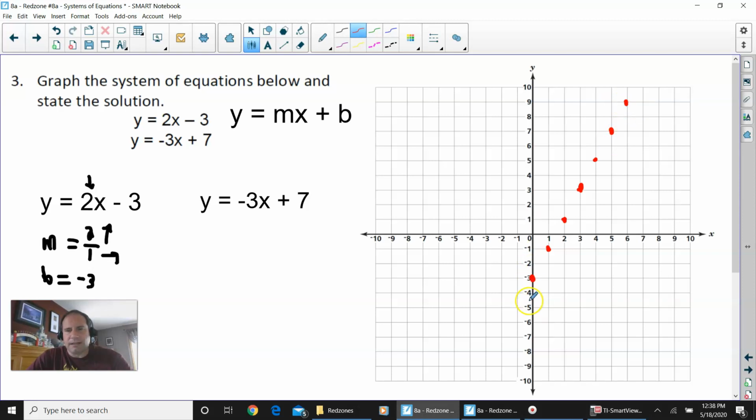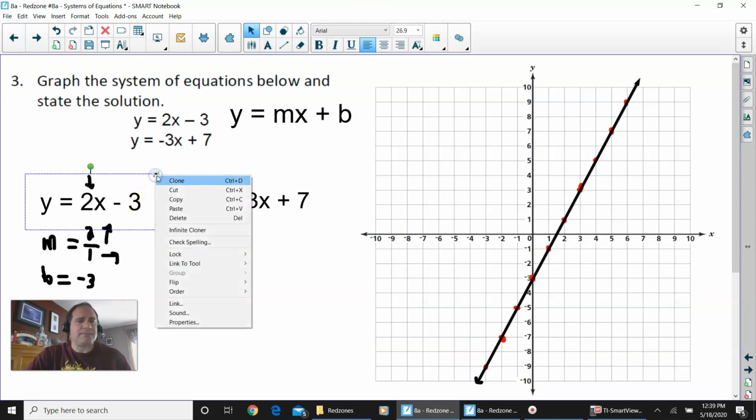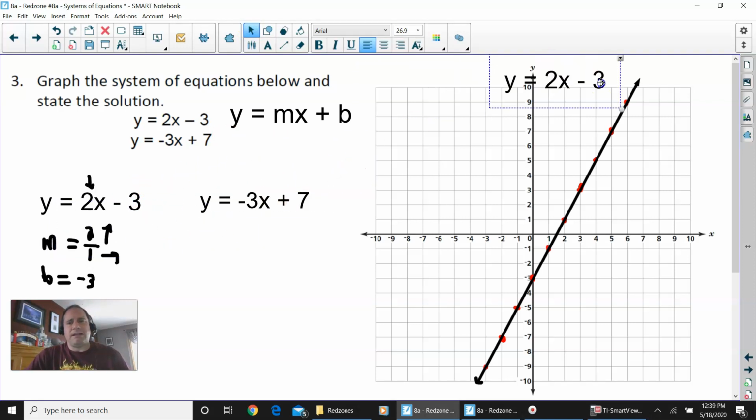And down 2 and left 1. Remember, all the points that you're creating should be in a very straight line. If there's one that is not in that straight line, that means that you made a mistake somewhere. All right, so then you take your y equals 2x minus 3, you go ahead and label your line.